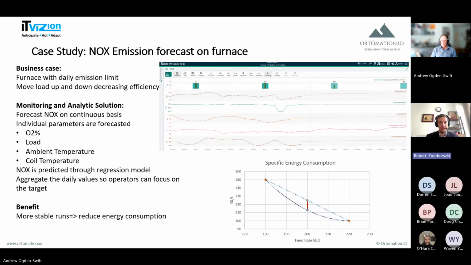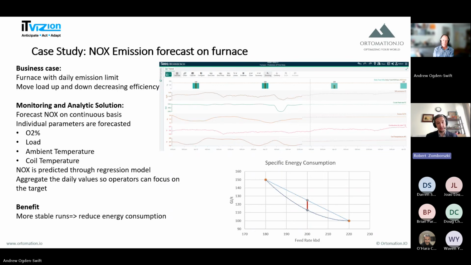So how did we help them? We created a forecast for the NOx during the day. It worked that way: we tried to identify the individual parameters that have an effect on the NOx, and that we can forecast. These were O2 content in the flue gas, the load, the ambient temperature or coil temperature, and so on.